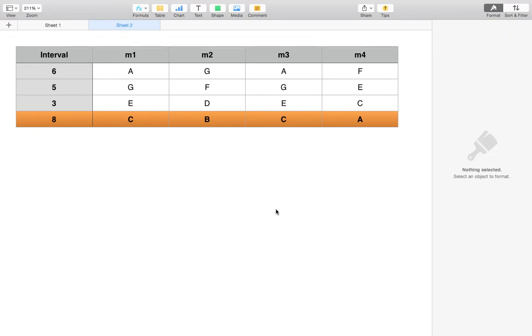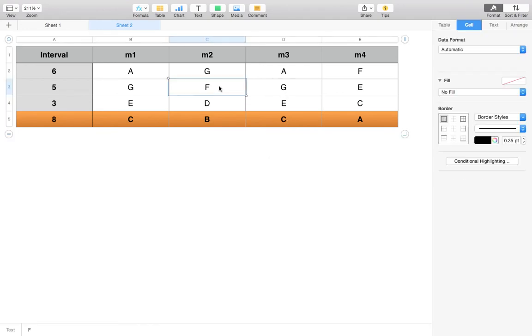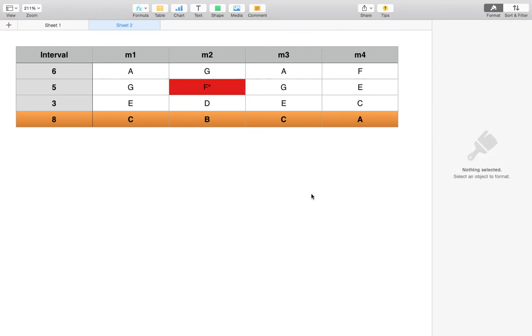We do, of course, want to watch out for any tritones. So if you see one in here, you should be looking at from B to F. We don't want to use that one. So I'm going to mark it. That one we probably shouldn't use. No tritones. Alright, so let's get into it.